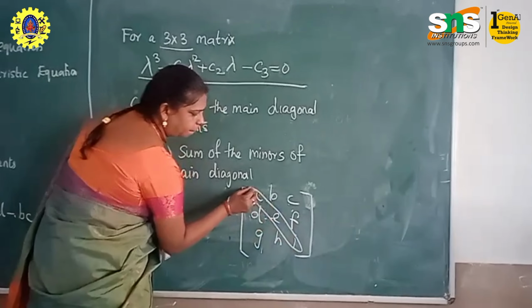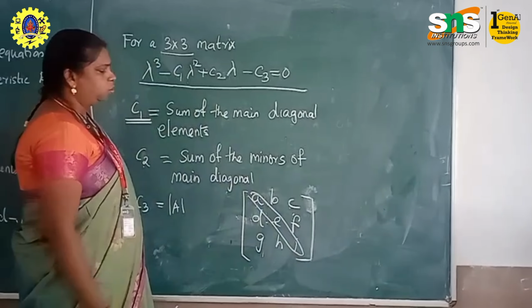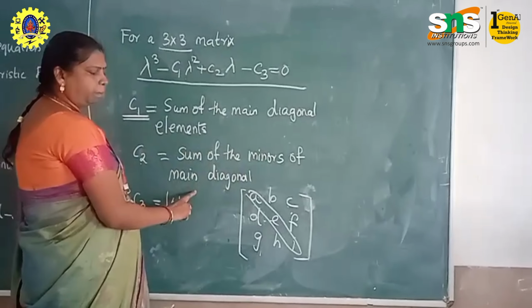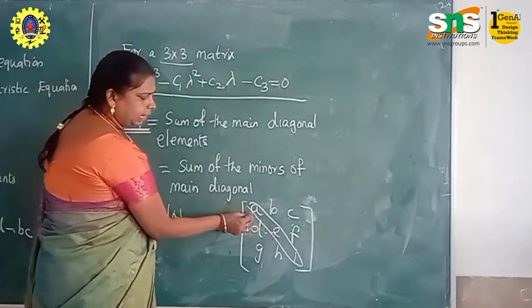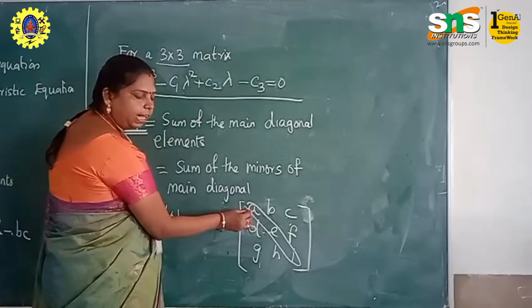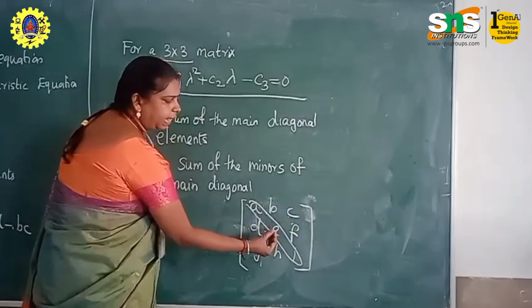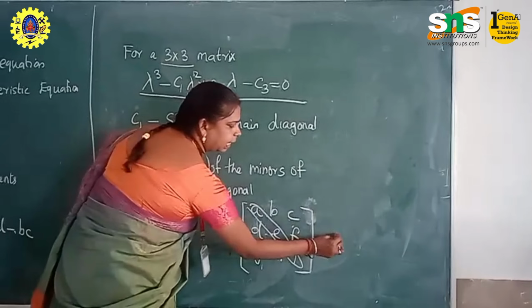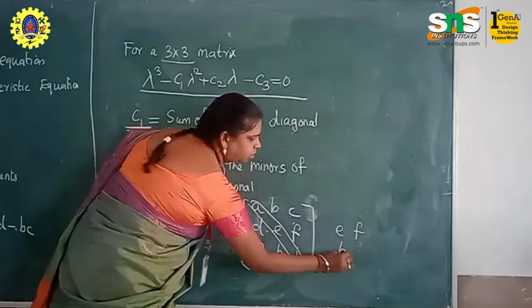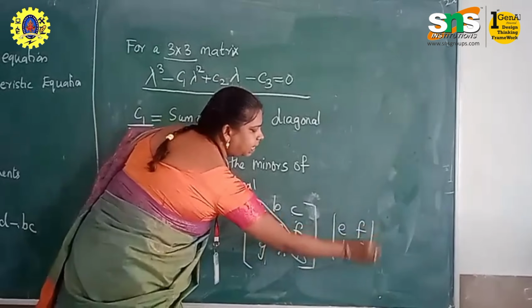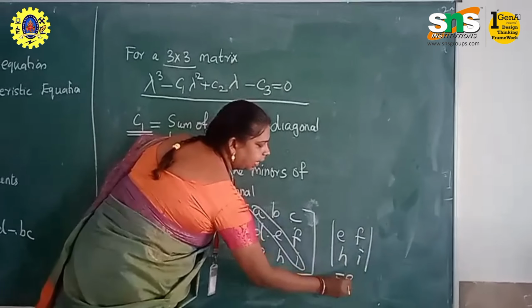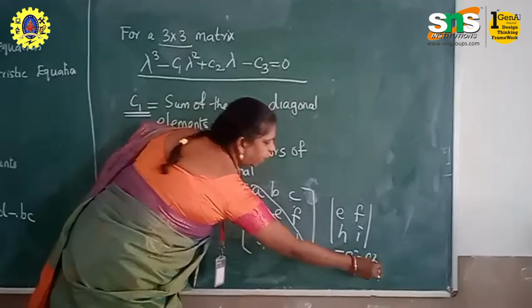These are the main diagonal elements. So for the sum of the minors of the main diagonal, you consider the main diagonal element A, you delete its row and column. So you will be left with E, F, H, I. The minor is got by EI minus FH.